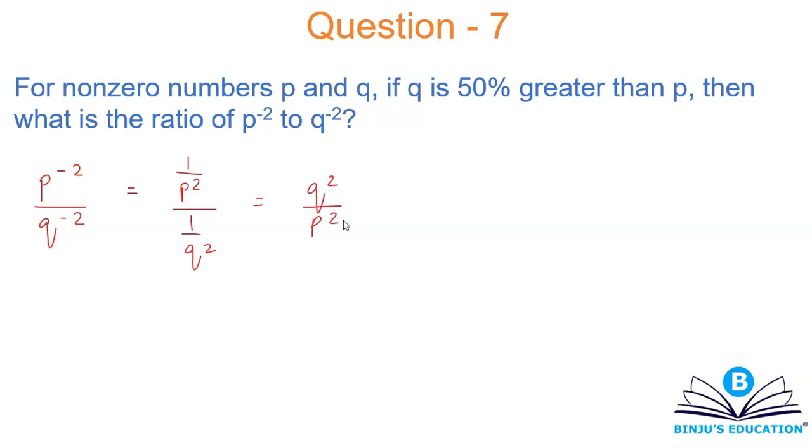Now it says that for non-zero numbers P and Q, Q is 50% greater than P. More than, lesser than, stands for change.